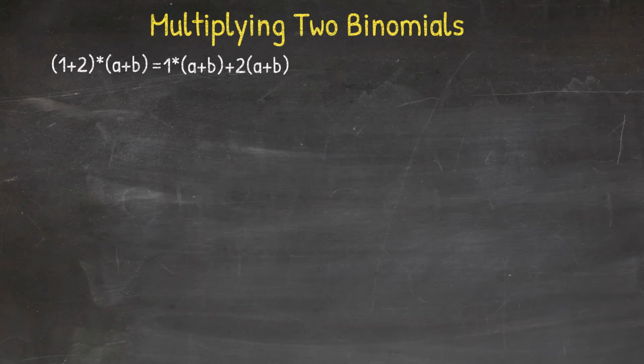You can finish solving this by multiplying, and you would get as a result 1a plus 1b plus 2a plus 2b. Now let's shift to real numbers.